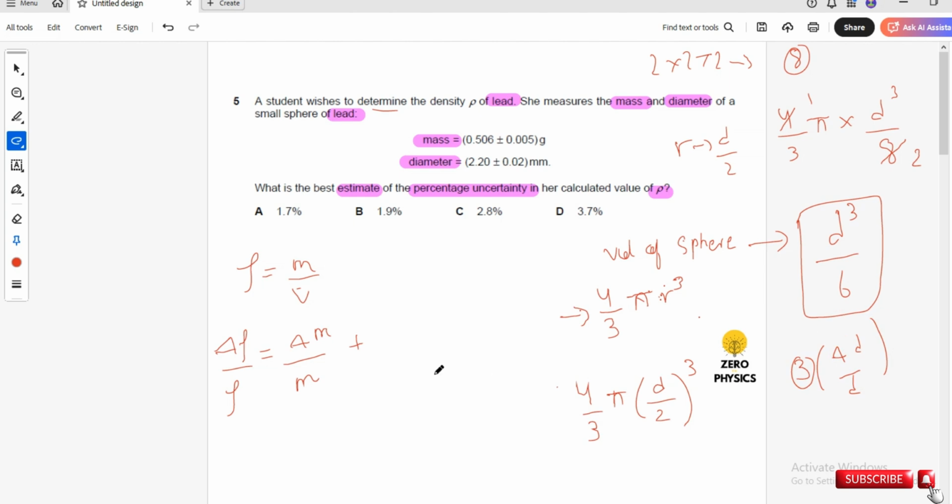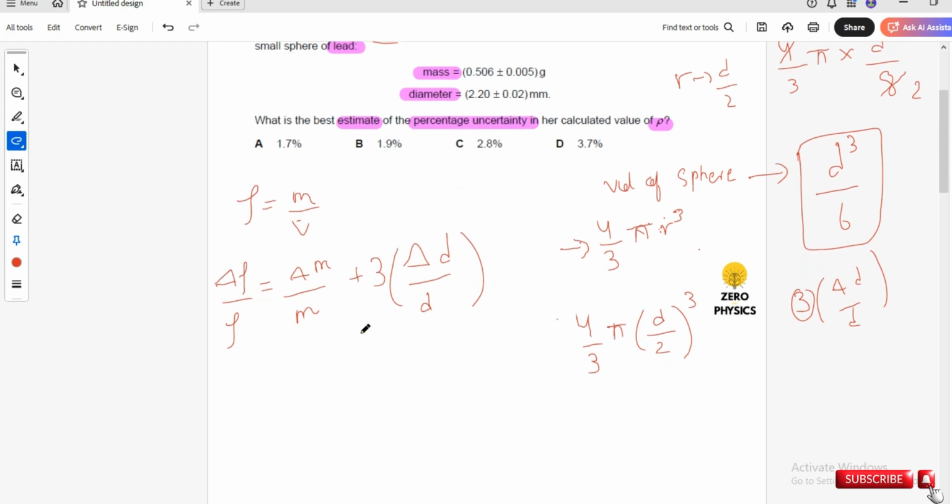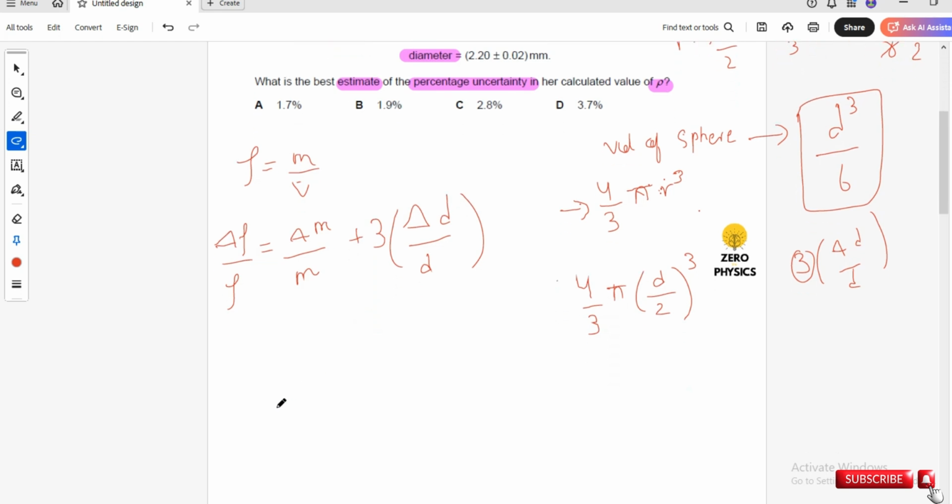If we had a square, we would write 2 here. But in this case we have a cube, so we write the power and multiply by the bracket, right? So 3 is the power, and we write delta D over D. This is basically volume. You can also write it as volume, but here we are given diameter, so we are taking the values in terms of diameter. We don't need to change the units since we are calculating percentage uncertainty.